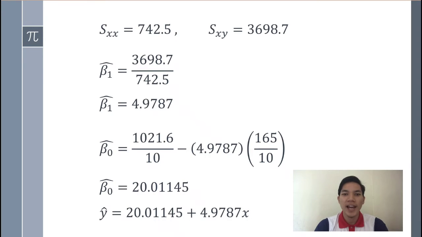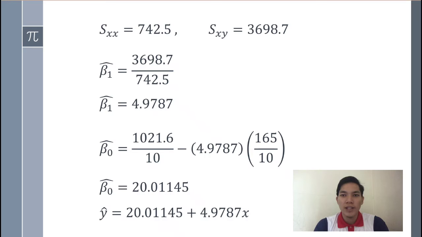The value of Sxx is equal to 742.5, and the value of Sxy is 3698.7. We insert these values into the b1 hat equation, 3698.7 over 742.5, and we get b1 hat equal to 4.9787.